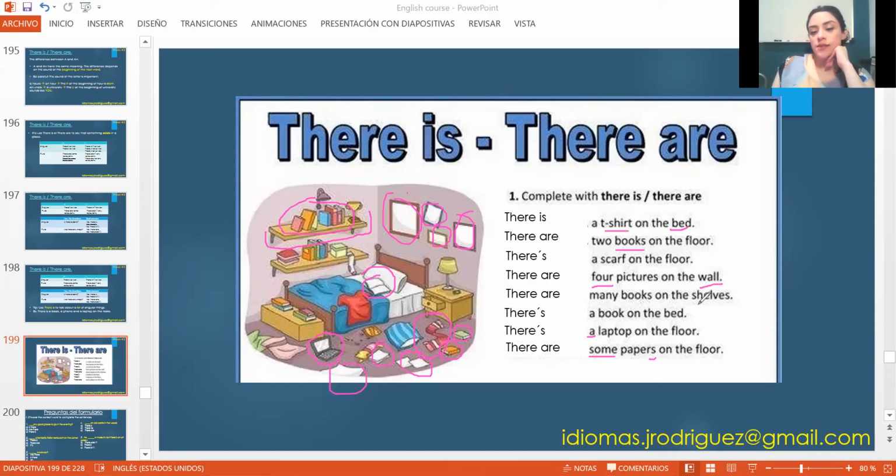The shelves, las estanterías o las repisas. A laptop is the same. And papers on the floor, okay? Papeles en el piso. So if you want to take a screenshot, this is a good moment because I'm going to change the slide.